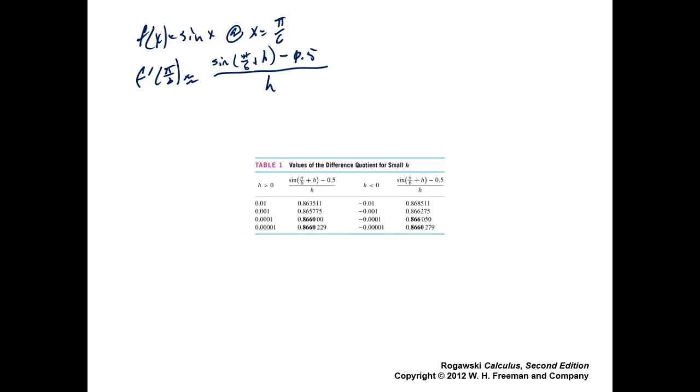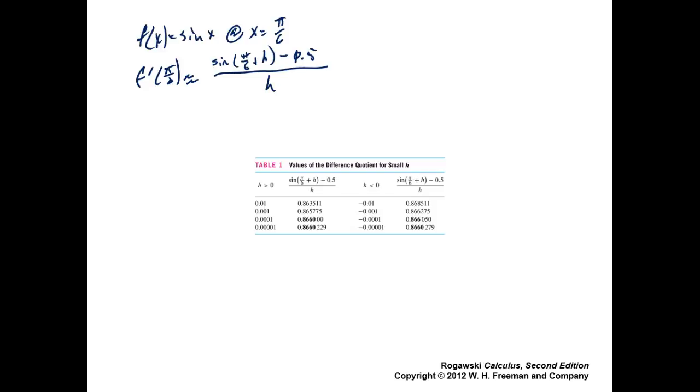So this is how you estimate the slope: take very small difference quotients and see what you get. I'm sorry, I'm having trouble focusing from what we did in the last chapter. Does that make sense?